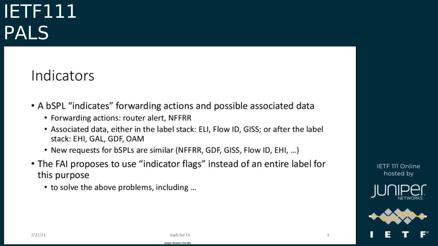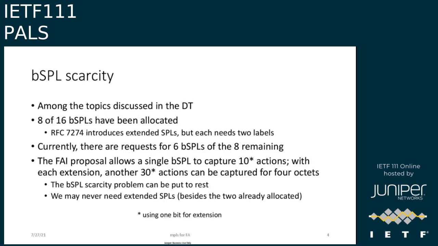So the forwarding actions indicator basically says, I have a bunch of forwarding actions, and then I'll set the flags to tell you which actions you should actually be taking, and also which associated data you have. So a single forwarding actions indicator can actually do multiple things. The idea was to solve all these problems, as well as the problem defined in the next slide.